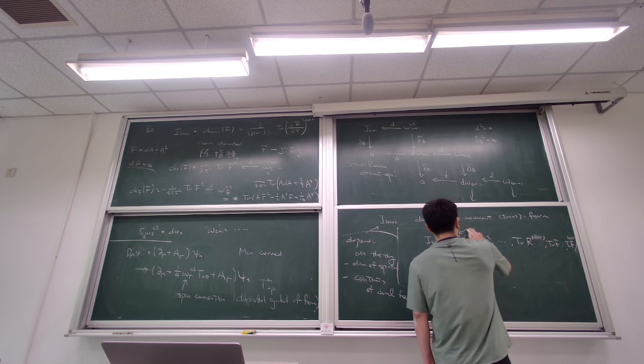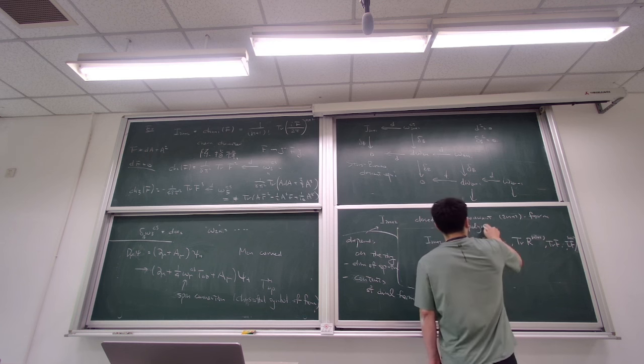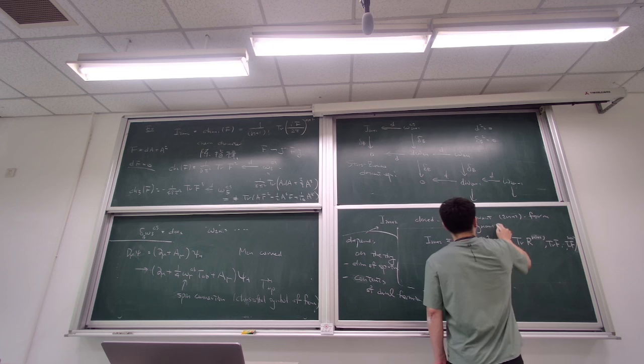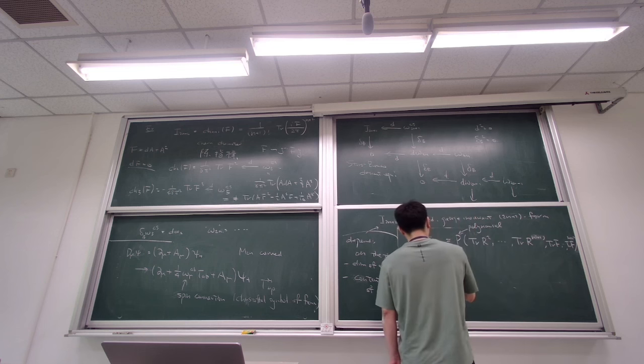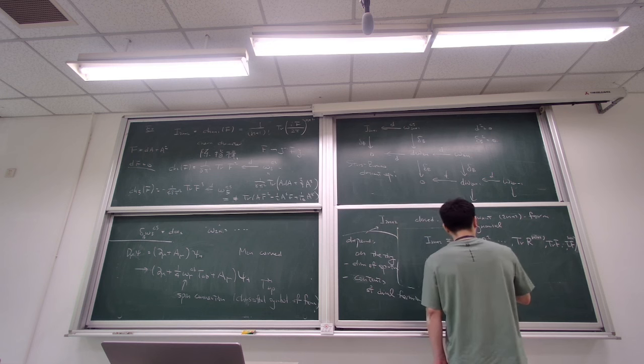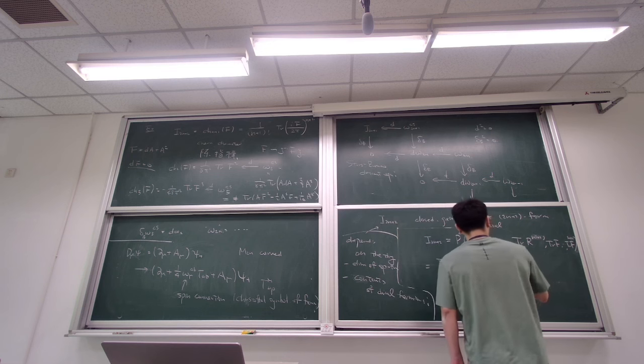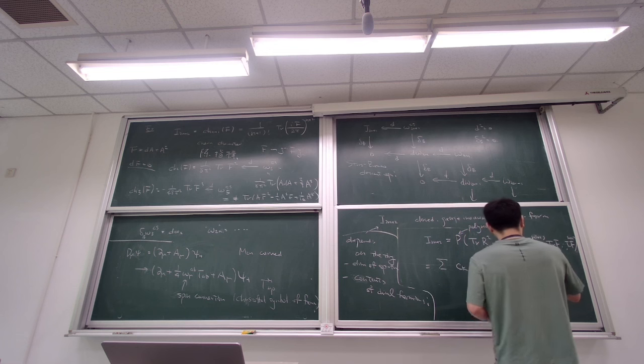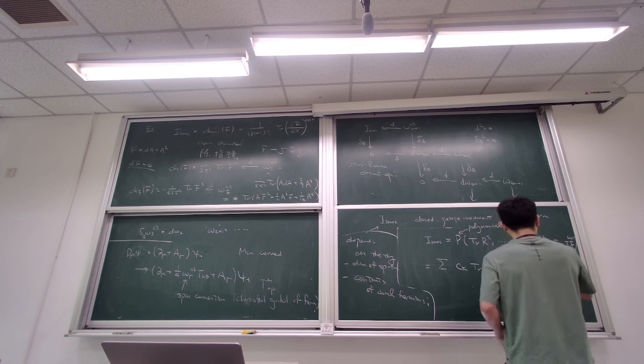So this is a polynomial: a sum over c_k trace of R to the k times trace of F to the n plus 1 minus 2k.